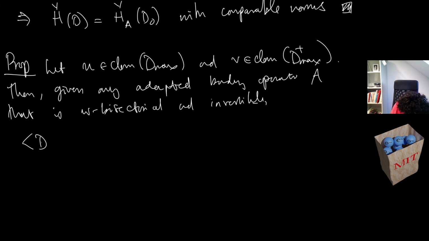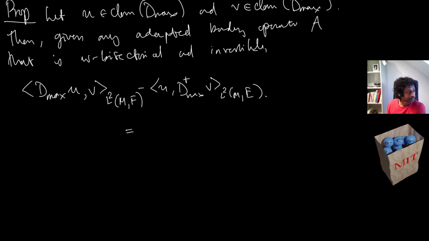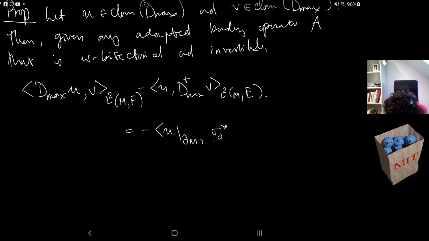We have the pairing of D max u with v in L2 on M, minus u with D dagger max v in L2 on M, is equal to negative u restricted to the boundary, v restricted to the boundary, multiplied by this endomorphism.